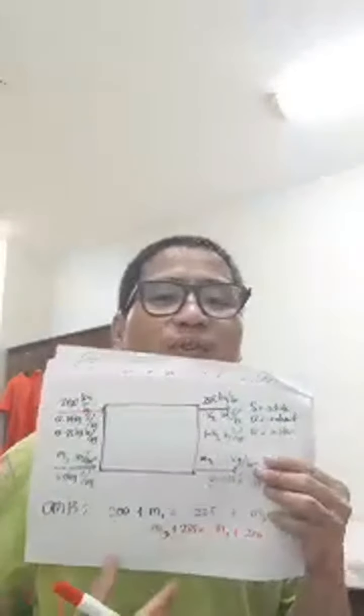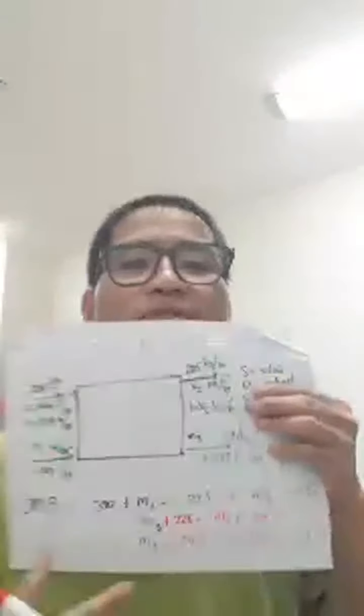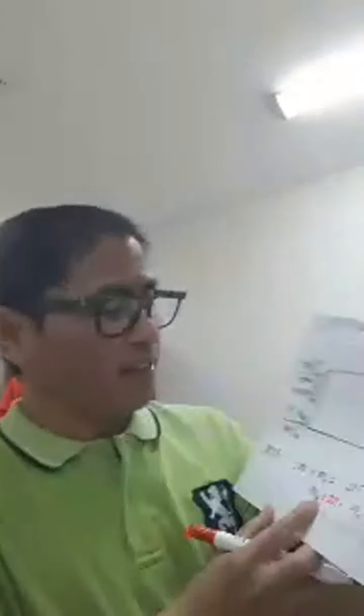Take note, it is very easy to solve for M3 here if you reverse. So M3 is equal to M1 plus 200 minus 225. This is your equation 1: M3 equals M1 plus 200 minus 225.